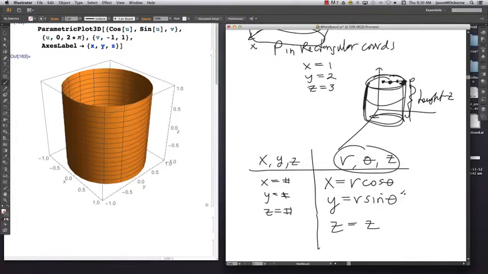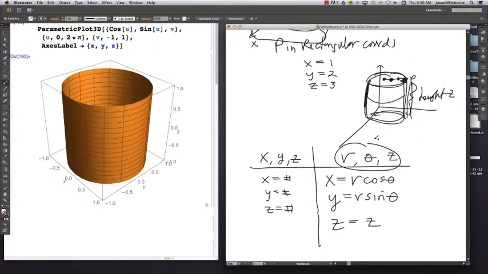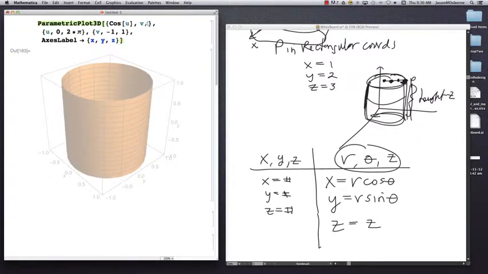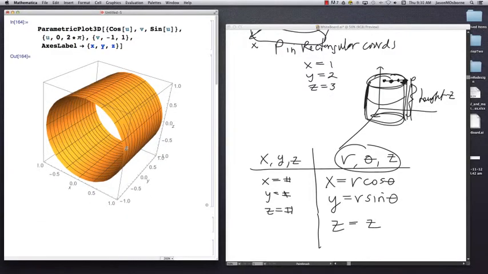And this problem is acknowledging our preference to have cylinders that are standing upright. We know that we could have changed the orientation of this cylinder and put v here and then sine of u in the z entry, and then we would have had a cylinder on its side.